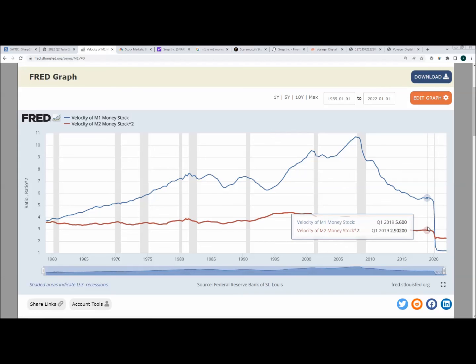Because think about it. The Fed's cranking things up, trying to get demand down, but then the velocity picks up. And that's interesting because even without more money, if the velocity goes up, it effectively acts like more money.